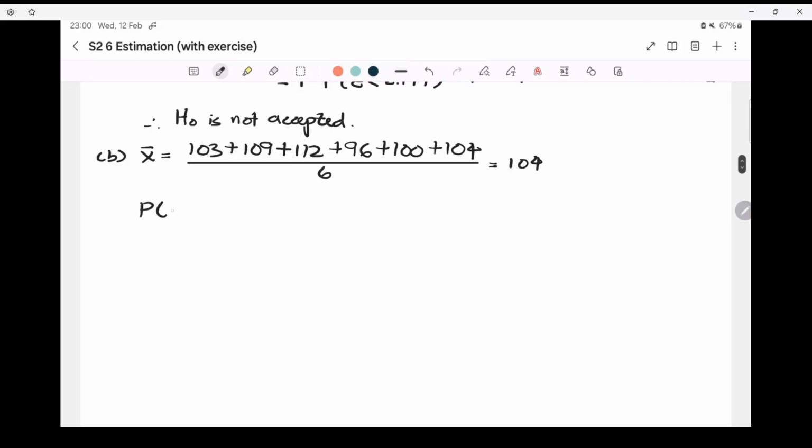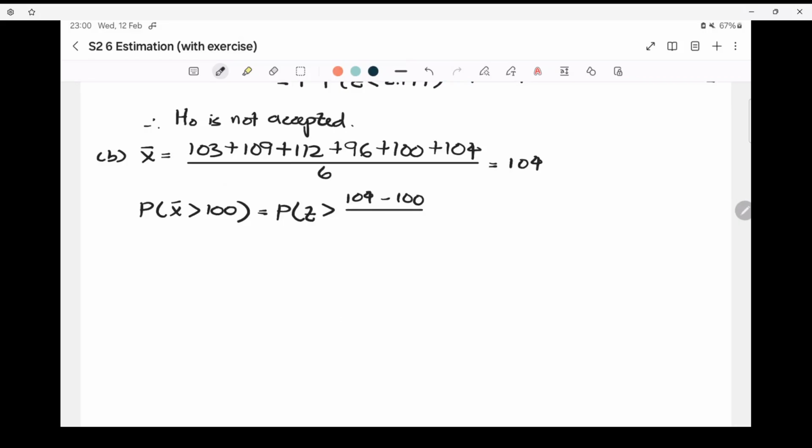So similarly, you are conducting your hypothesis testing. Your H0 and H1 are basically the same. It's just that the number of samples are different. So P of x bar will be greater than 100 as usual. So this time your z score would be 104 minus 100.